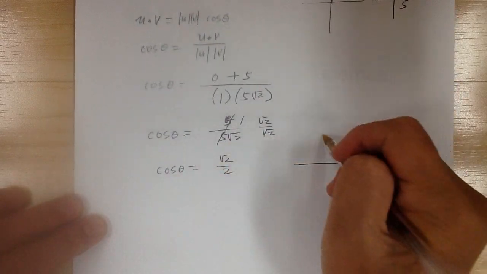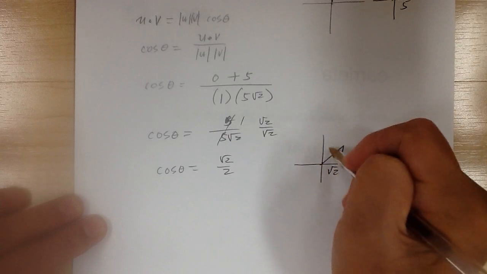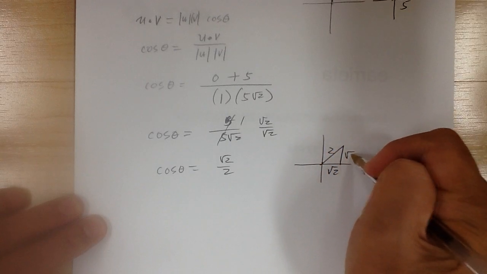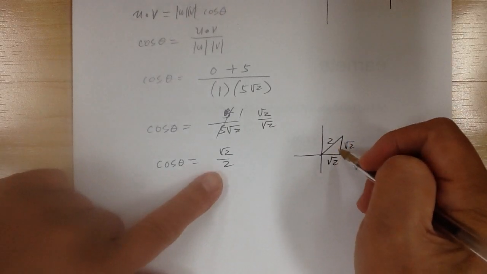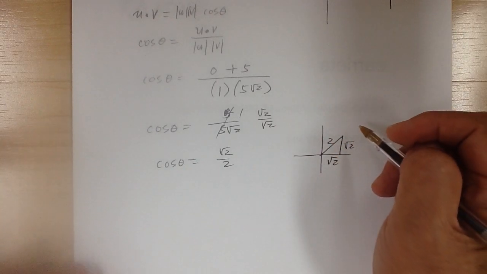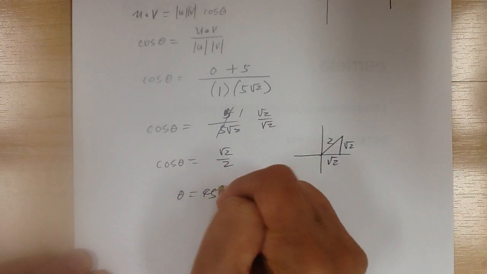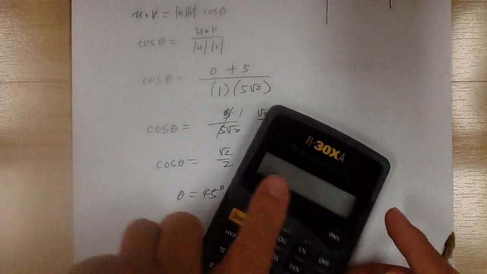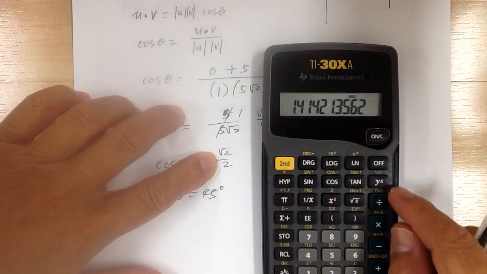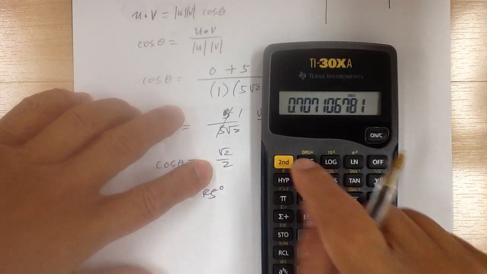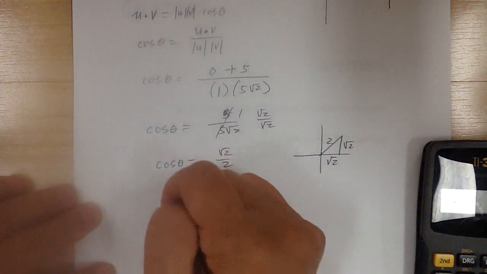You can use a calculator, but you don't have to. And so you can see that theta equals 45 degrees. Or you can just use your calculator: enter square root of 2 divided by 2, press second cosine, and it will give you 45 degrees. Okay.